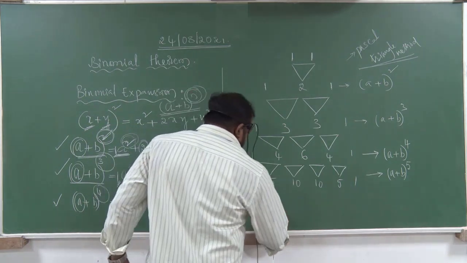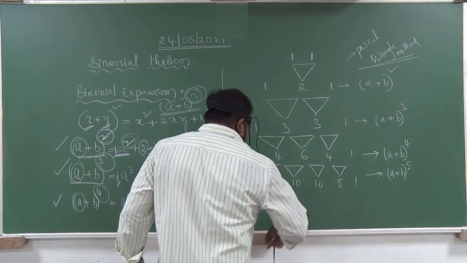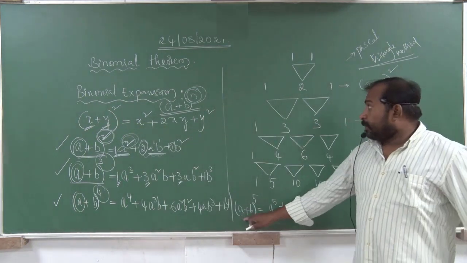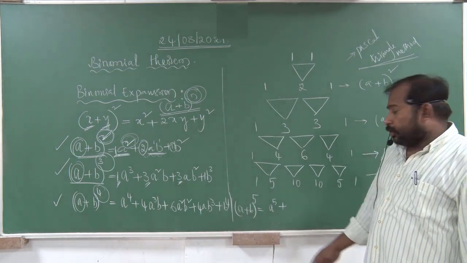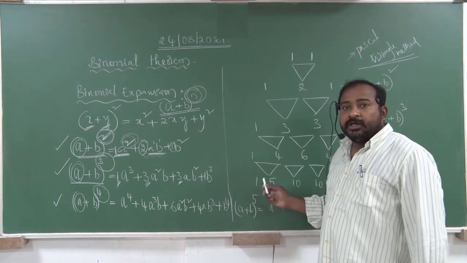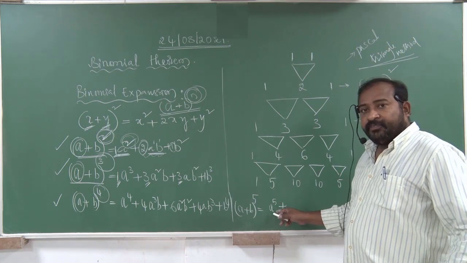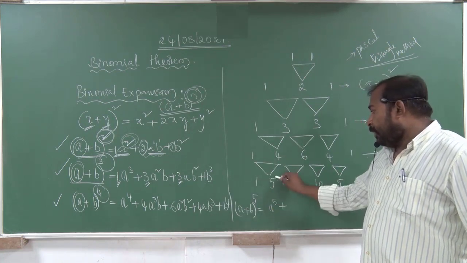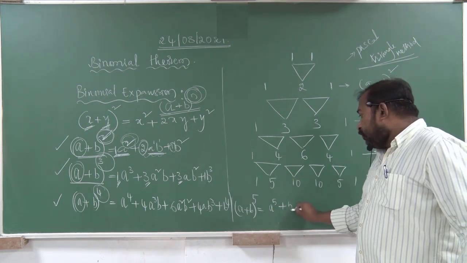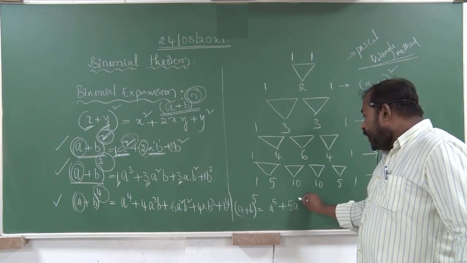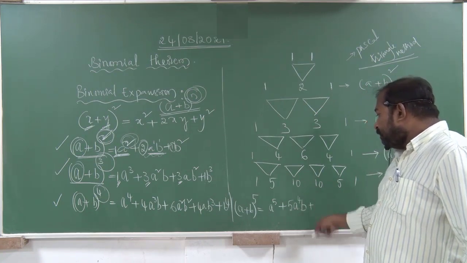First, the highest power of a will start. Here (a + b) to the power 5 is there, so a has the highest power 5. Then 1 into a to the power 5 is complete. Next coefficient is 5, so 5, a's power reduced by 1, then b will come.